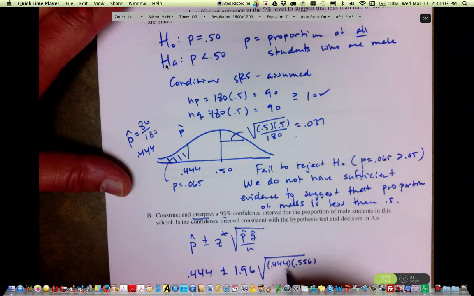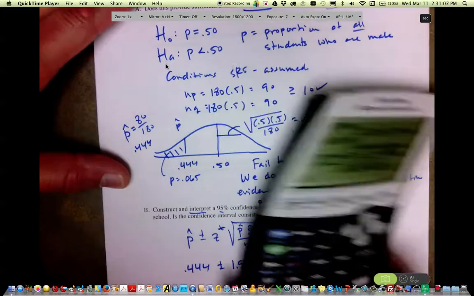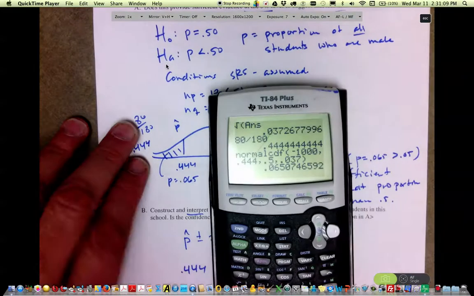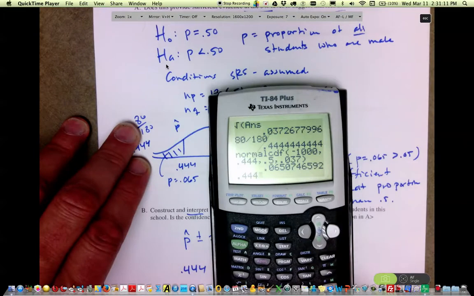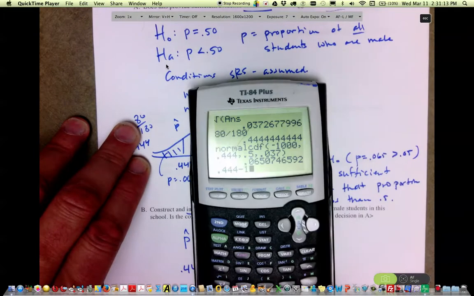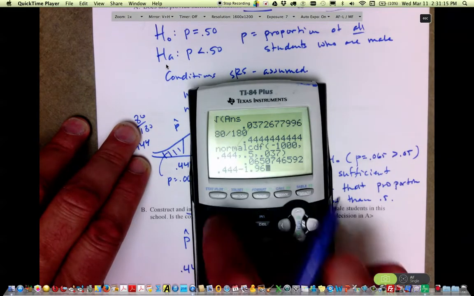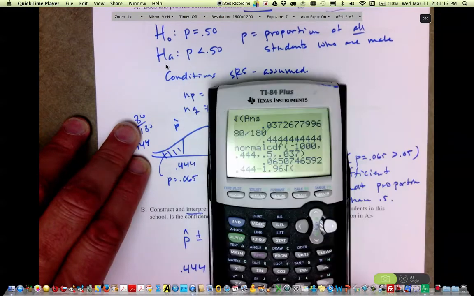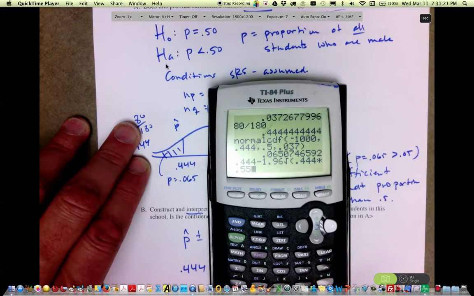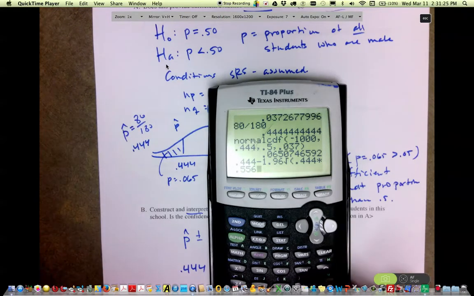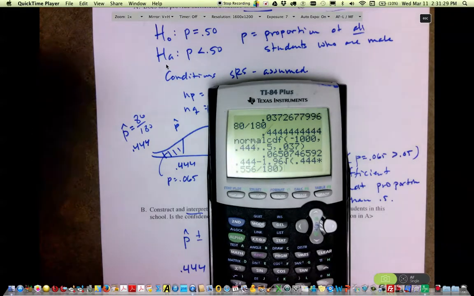On the calculator, I'm going to do 0.444 minus 1.96 times the square root of 0.444 times 0.556 divided by 180, and then close that.